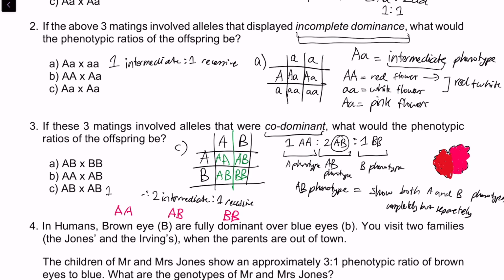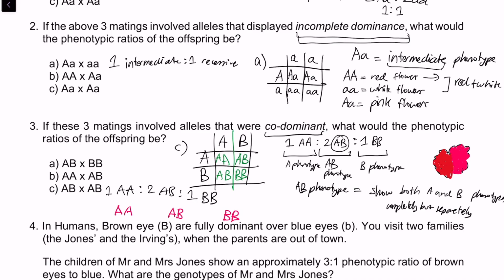Wait, sorry, it's not actually talking about recessive here. We're talking about one AA, two AB, and one BB, homozygous A, heterozygous AB, and then homozygous BB.